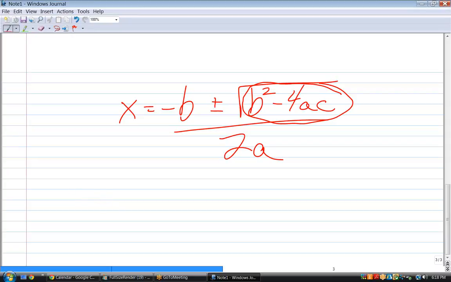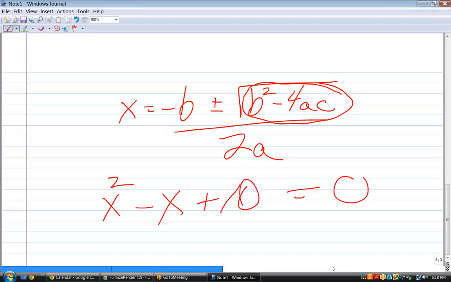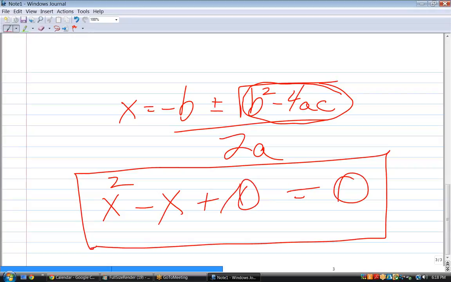So, if I give you a quadratic and I say solve that, it might be useful for you to know whether it has real solutions or not.